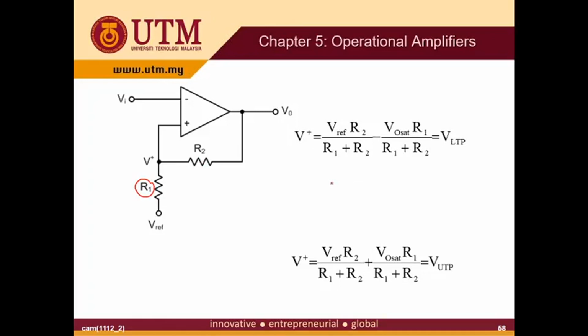You just apply the KCL, and then you will have V plus as a function of V out. Then V out has two cases: when V out is plus VCC or V out is minus VCC. V out equal to plus VCC is the case where V plus is VUTP, and when V out is equal to minus VCC is the case when V plus is equal to VLTP.